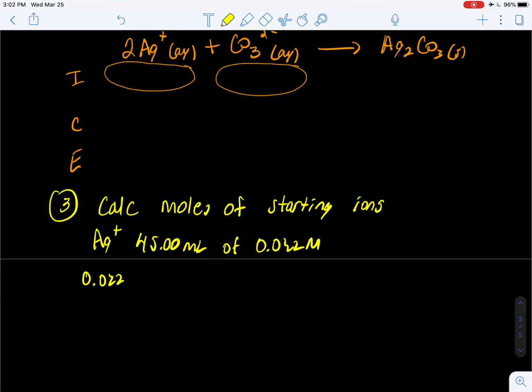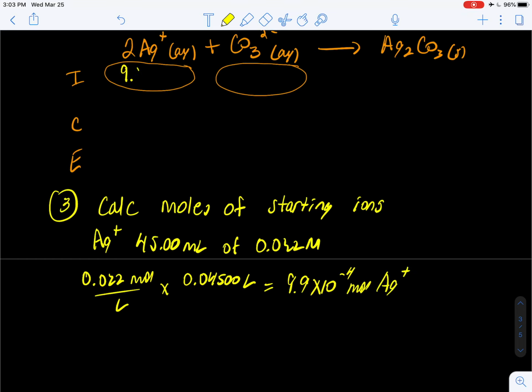So 0.022 moles per liter times 0.04500 liters, with all those sig figs, is going to be equal to 9.9 times 10 to the minus fourth moles of silver ion. Okay, so we're going to plug this in right here.